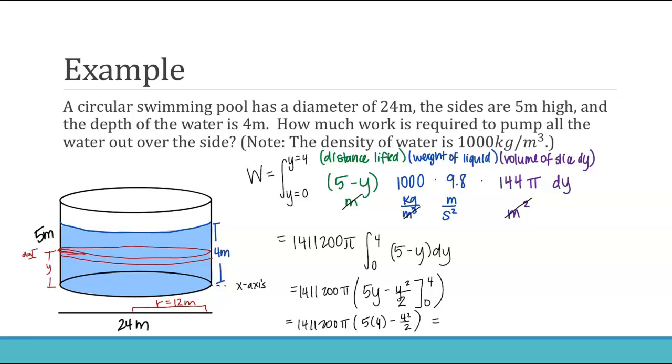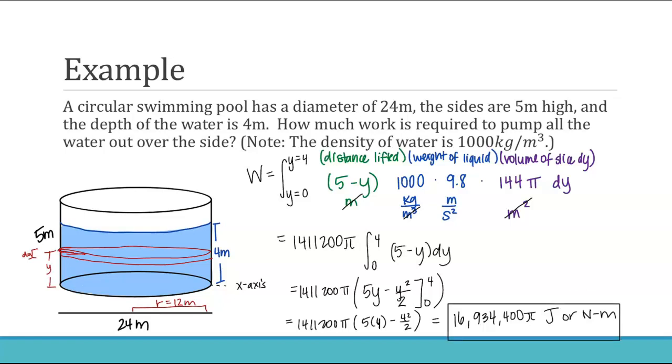And if we multiply all of this out, here's what we get: 16,934,400 pi, and of course, we're going to leave it in terms of pi, joules, or Newton meters. Either one is fine.